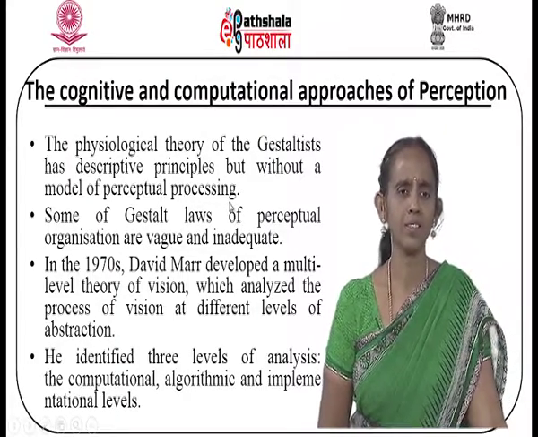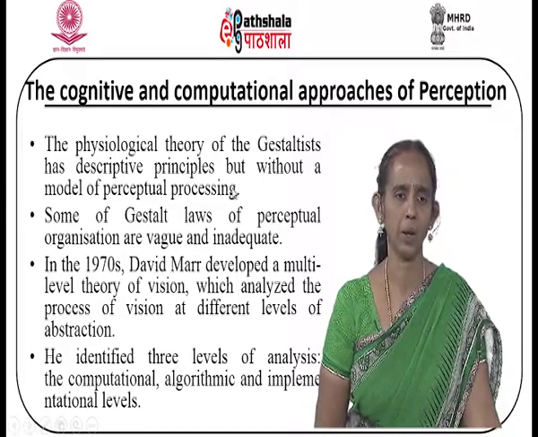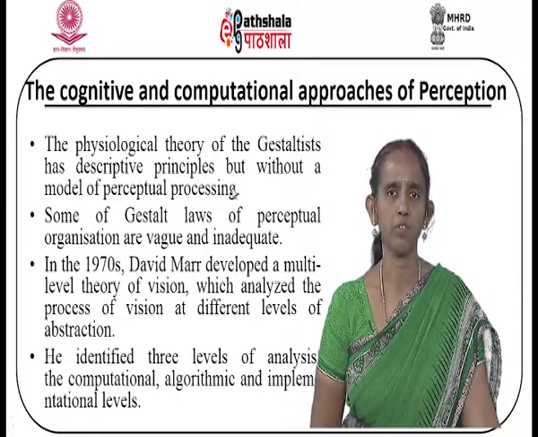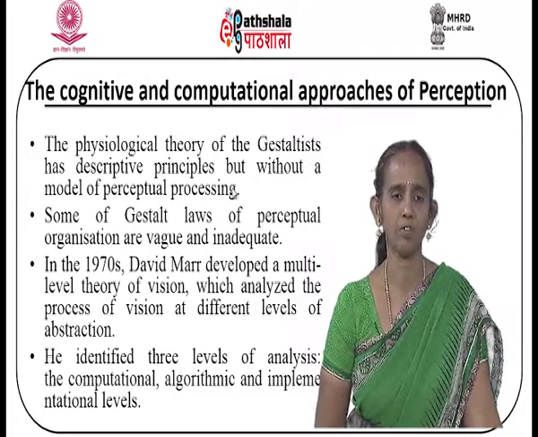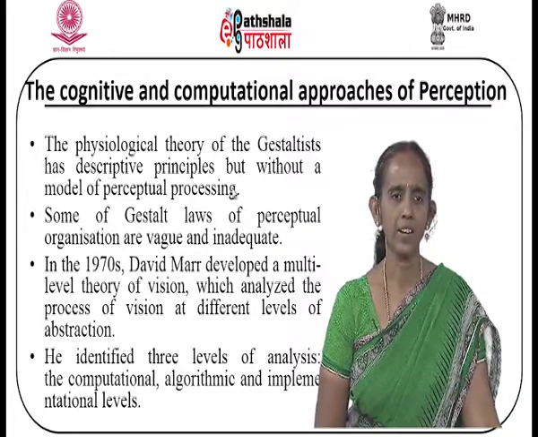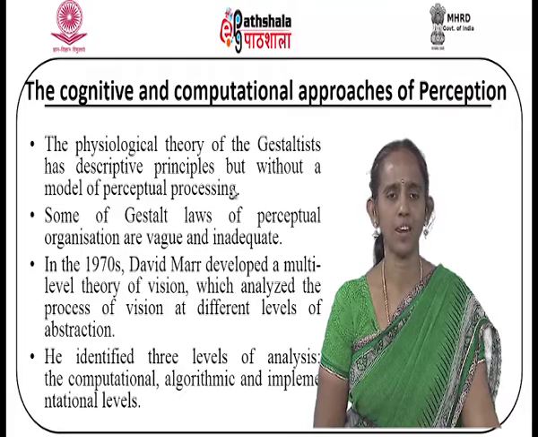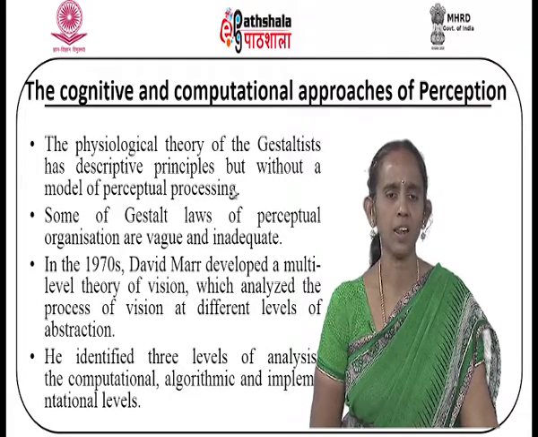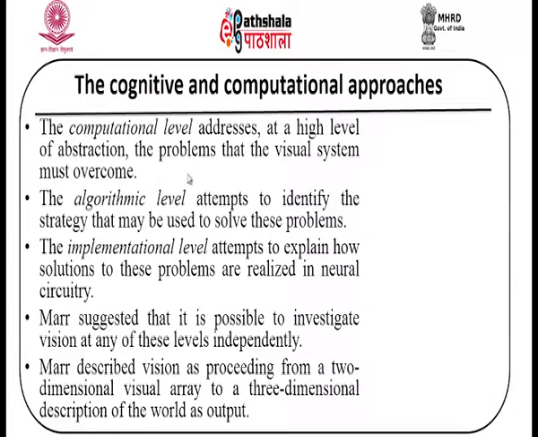In the 1970s, David Marr developed a multi-level theory of vision which analyzed the process of vision at different levels of abstraction. He identified three levels of analysis in vision processing, namely the computational, algorithmic and implementation levels. The computational level addresses at a high level of abstraction the problem that the visual system must overcome.